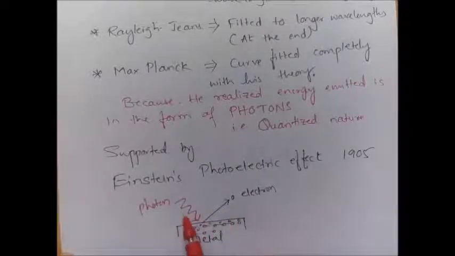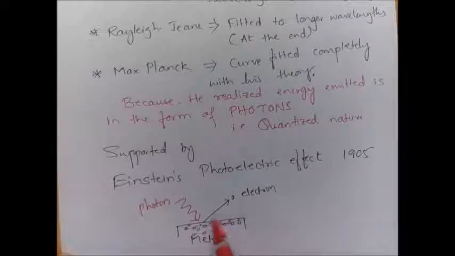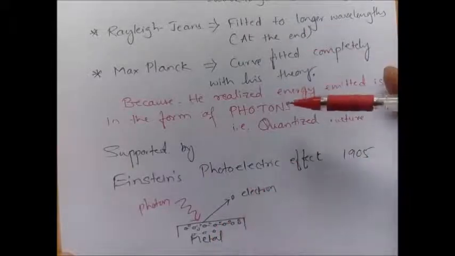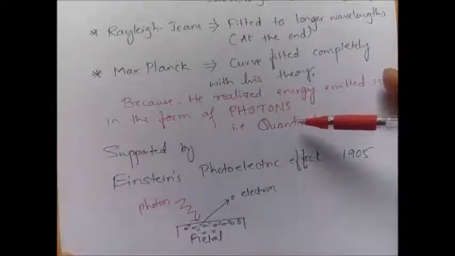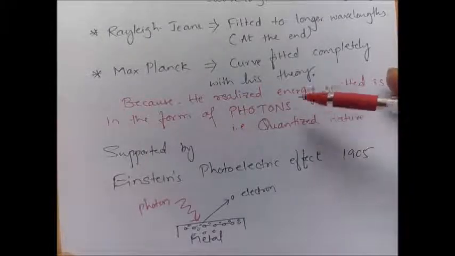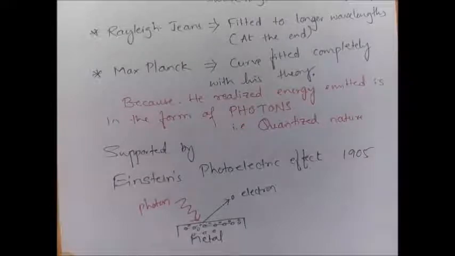That is the photoelectric effect. He considered it as a photon hitting the electron, and the electron ejecting, coming out from the metal surface itself. This is the support for Planck's law, since he considered this as a quanta, the quantized nature of energy.